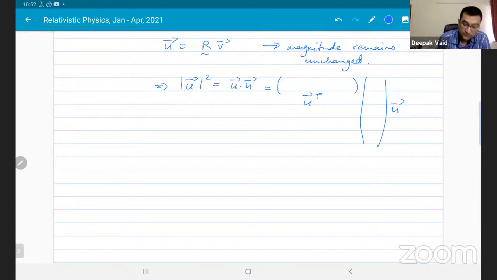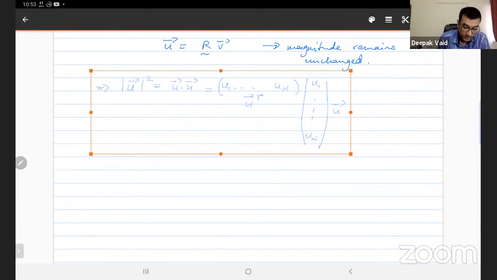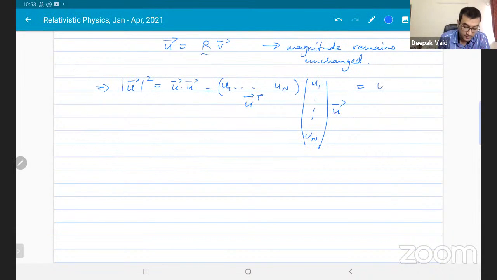And this is the vector u, which I write as a column matrix. Then I take the matrix product of these two. That is what I mean when I calculate the dot product, right? So the correct way to write it is the product of the transpose of the vector with itself.